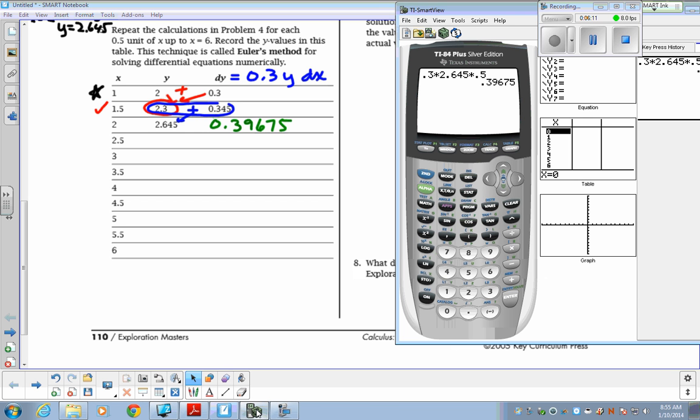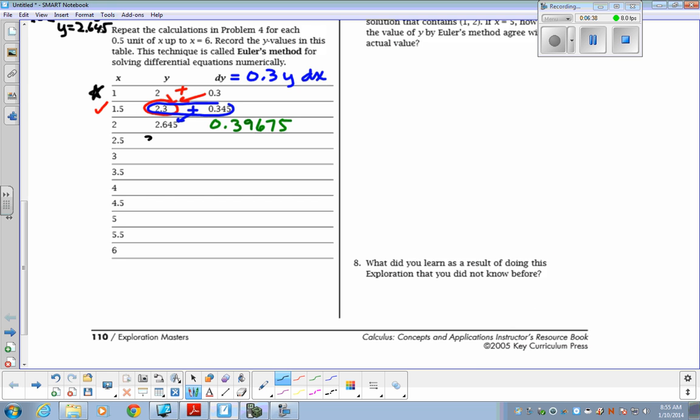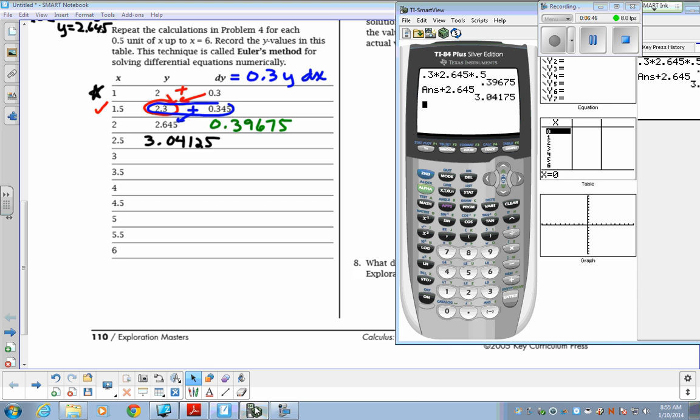Now we're getting to the point where these numbers are getting larger and larger decimal values, meaning more decimal places. I am going to take that answer and I'm going to add it to my previous y value, which is 2.645. And I'm going to get my new y value. So my new y value is 3.04125.